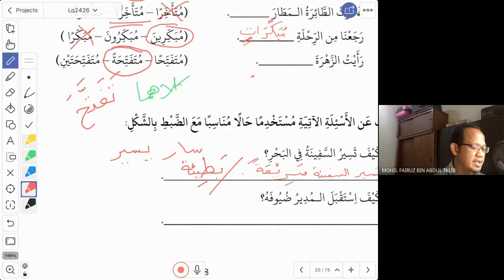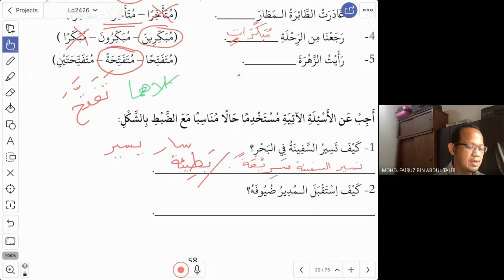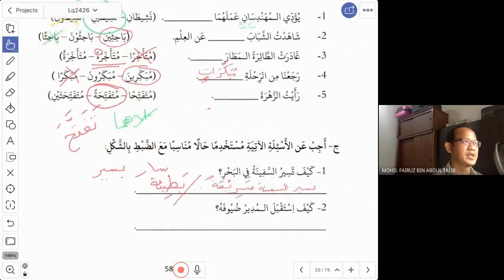Okay. So in this lesson, as I mentioned, this is just a beginning topic of hal, where we only use a single word to explain the hal. But if you learn this in an intermediate topic, you will learn that you can also use harful jar to explain the hal, or you can also use the jumlah.